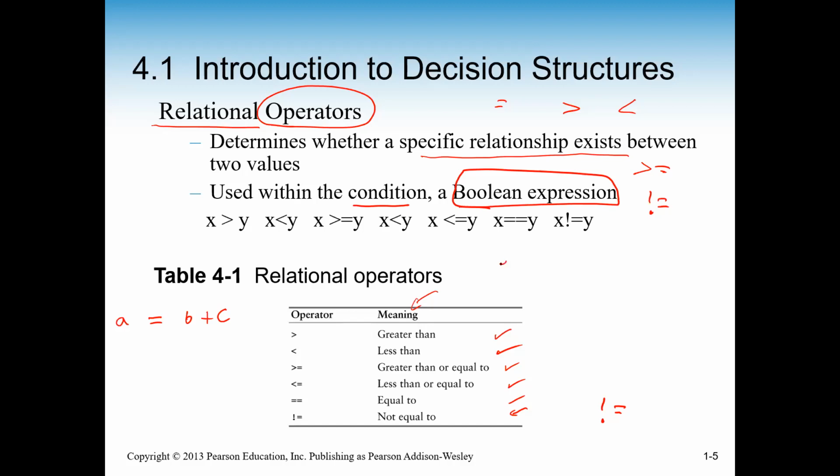So for instance, if you do x greater than y and some other relationship, you can combine them to produce even more complex logic, right? So a lot of the power of what you're doing is going to be expressed in these Boolean expressions, okay?